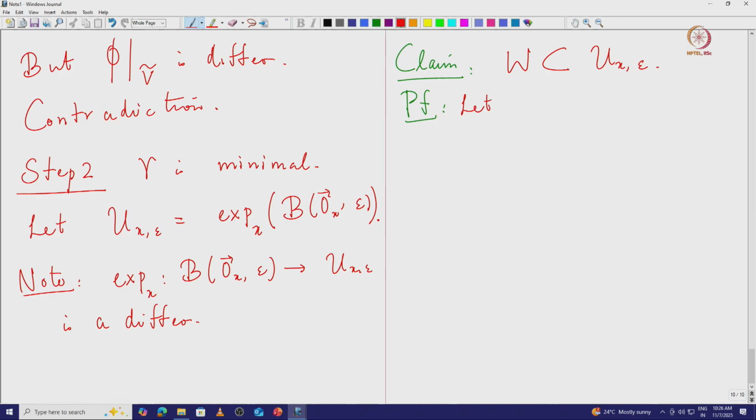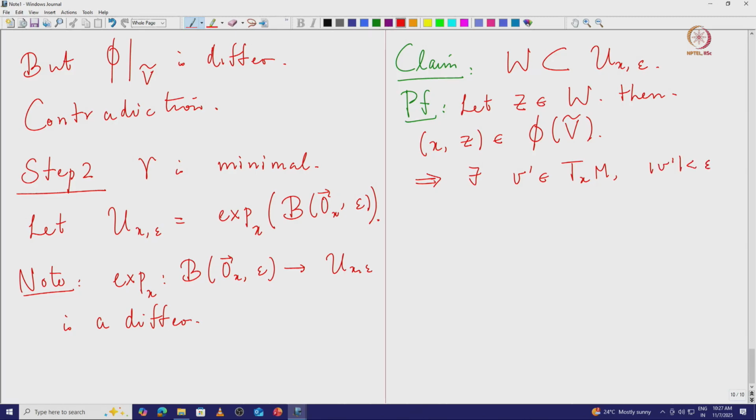Well, let Z be a point in W, then that means by our choice of W that this pair x comma Z is in the image of V tilde under phi, right, which means that there exists a vector V prime in the tangent space at x with norm of V prime less than epsilon such that Z is given by the exponential at x of V prime.